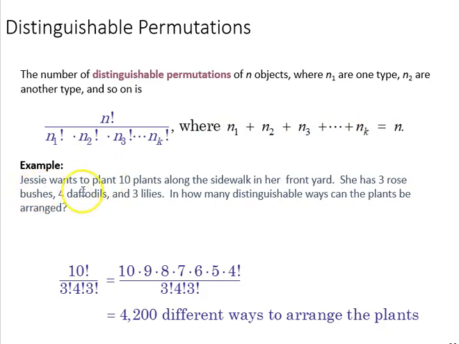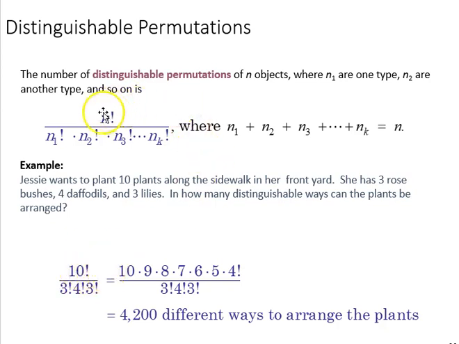For an example, we have Jessie who wants to plant 10 plants along her sidewalk in the front yard. She has 3 roses, bushes rather, 4 daffodils and 3 lilies. And we want to know how many distinguishable ways the plants can be arranged. First we start with the number of plants, which goes in the numerator, which is 10.